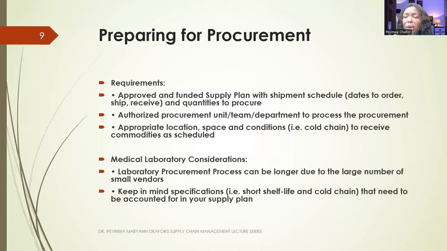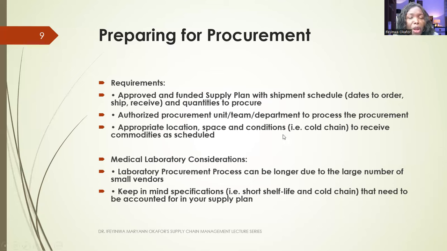Remember, you get all this information during forecasting and also during the supply plan stage of quantification. So you know the quantity to order, and also you know whether you have the available fund to order.